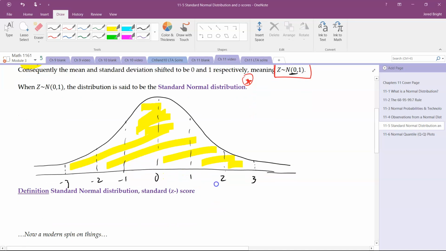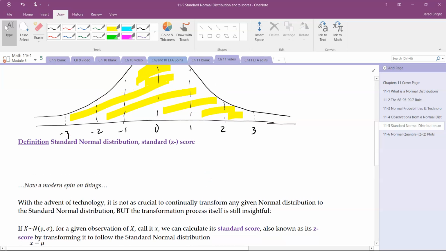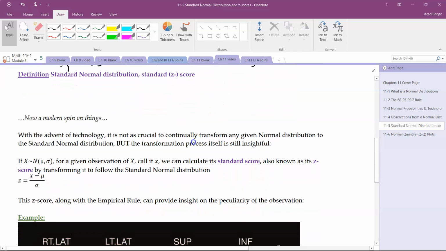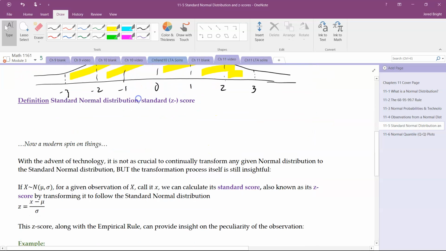Now though, with technology, we don't always need to go back to the standard normal distribution. But there are pieces of it that are still really helpful. In the process of converting to the standard normal distribution, this standardization process where we subtract the mean and divide by the standard deviation, that's called standardization.